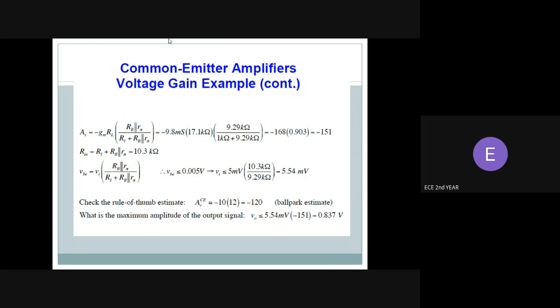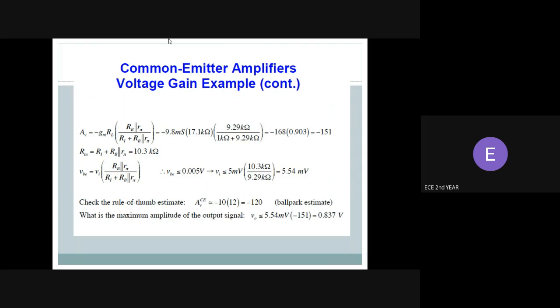Finally, the gain is found to be minus 151. The minus indicates the phase shift of the signal.